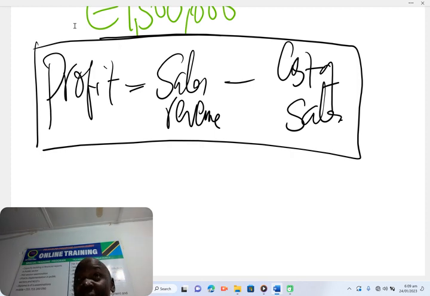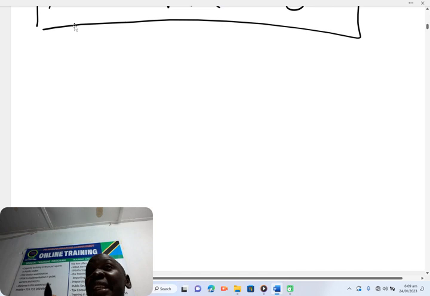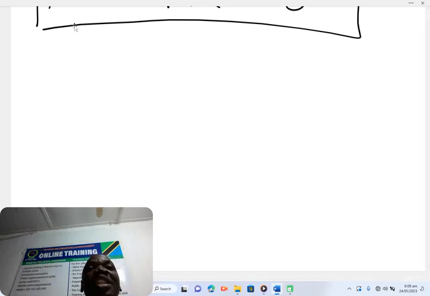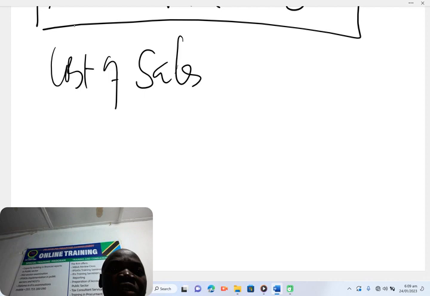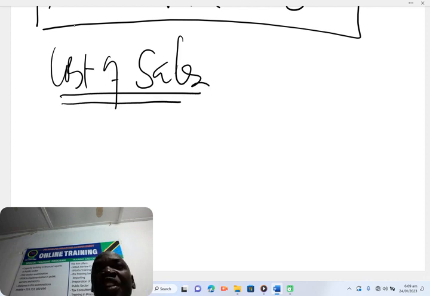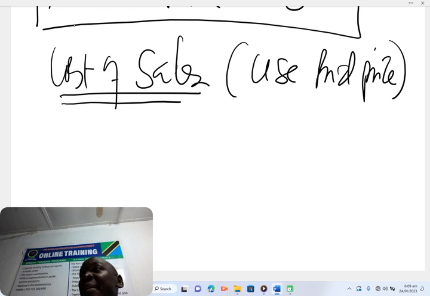So in this ground, you must compute the cost of 1.5 million the bank pays when it is buying this euro. So cost of sales. So you must use what? Bid price, because a bank is buying from a customer. Am I clear?